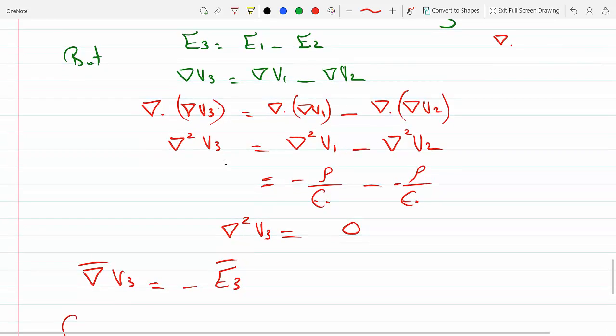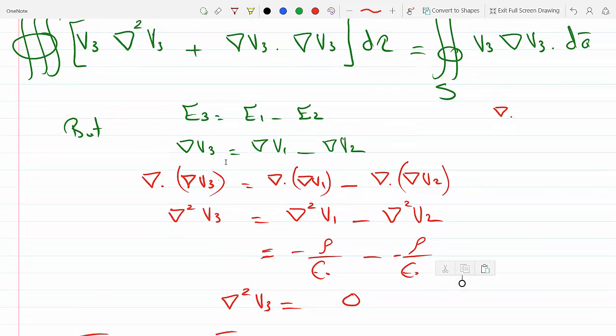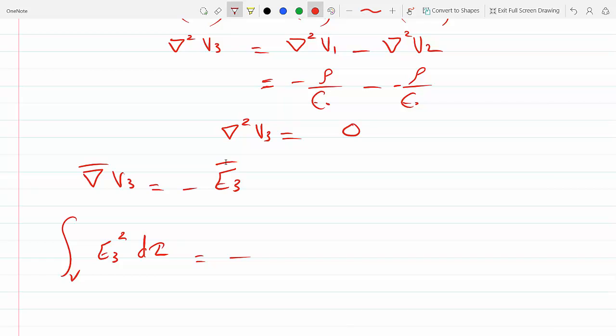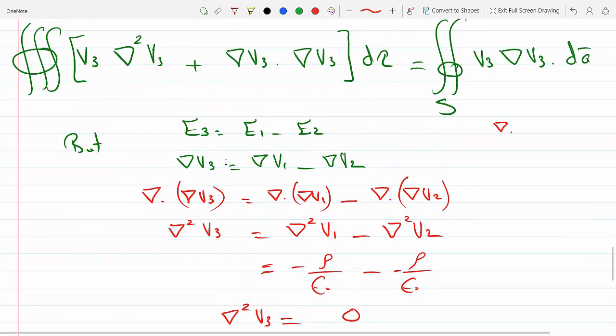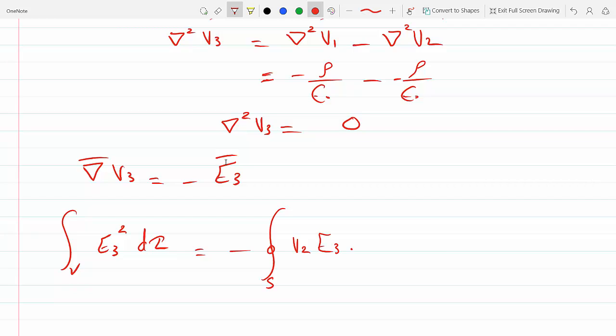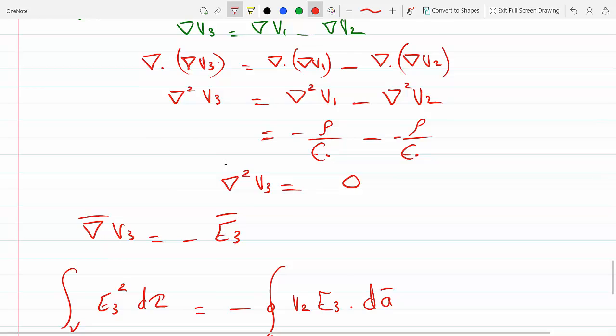So we've got V3, so this is E3 squared d tau, right, equals minus the surface integral of V2 E3 dot dA. You agree?